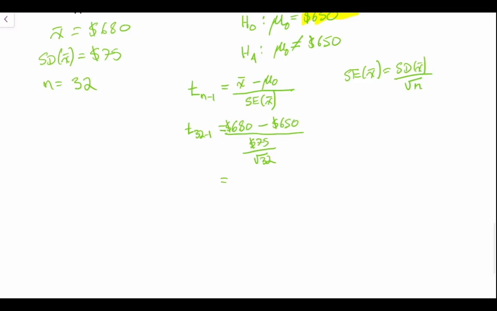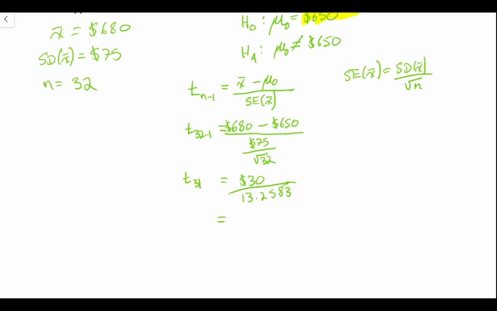So then what we have is t at 31 degrees of freedom is equal to, well, 680 minus 650 is $30 divided by 75 divided by the square root of 32, which is, as we've calculated before, 13.2583, rounding to 4 decimal points.